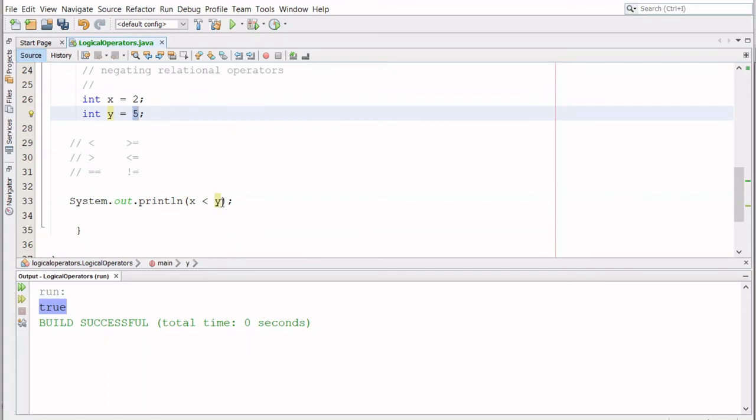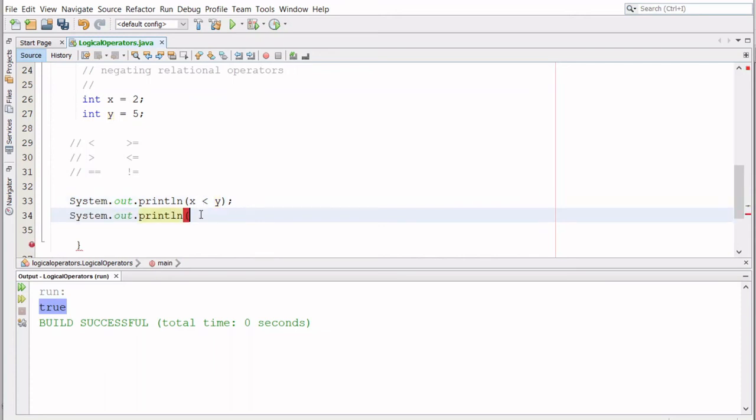Is x strictly less than y, is 2 strictly less than 5, and the outcome of that is true. Now, let's apply the not operator. That means we're going to inverse this expression. So I simply type the not operator and put my expression. So that's going to be x strictly less than y.